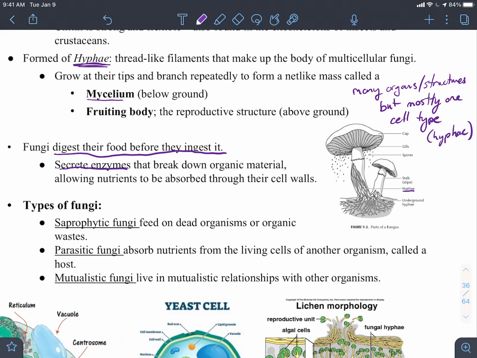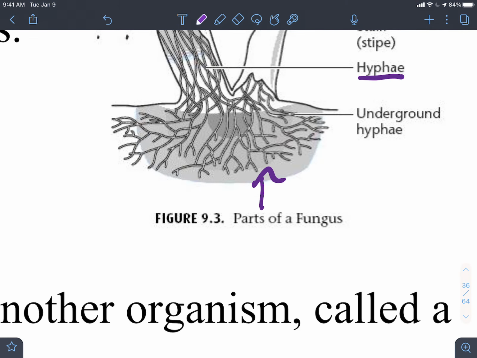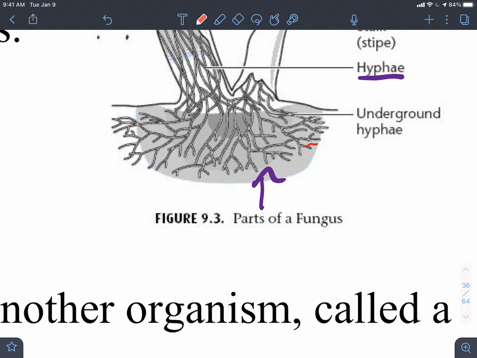So they send enzymes out of their cells, and those enzymes break down the organic material, and then that allows them to absorb it. So this gray here can be thought of as the enzyme. The enzymes are being secreted.